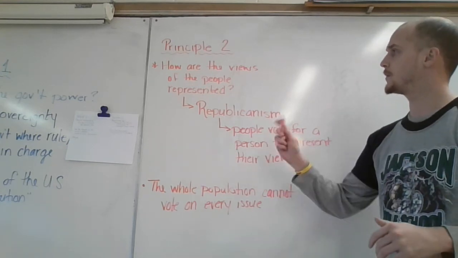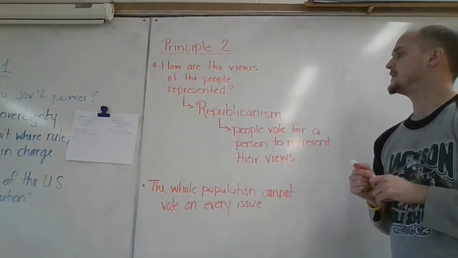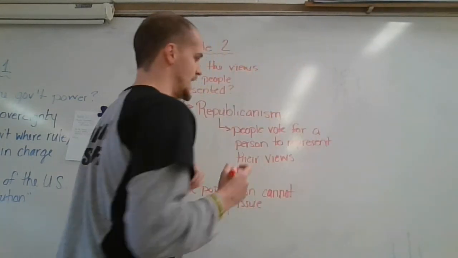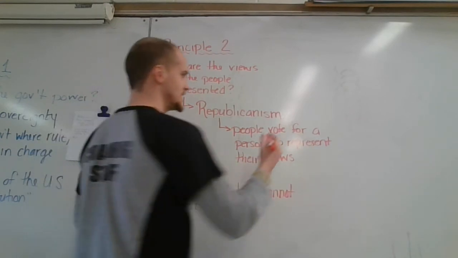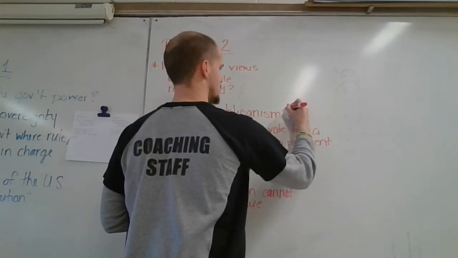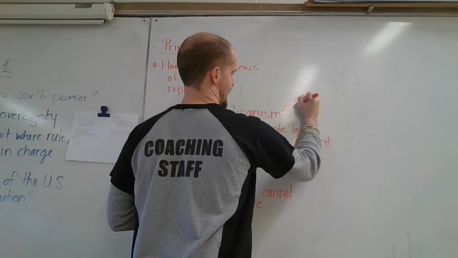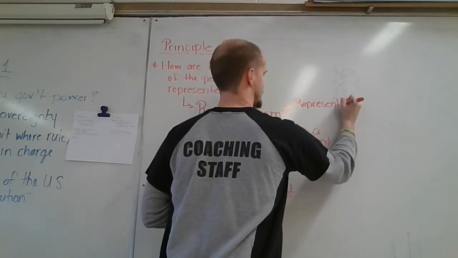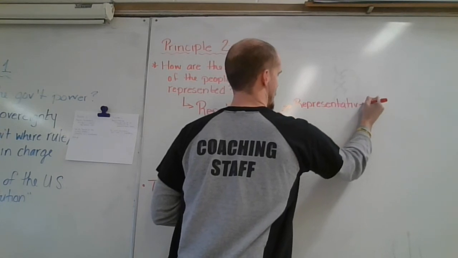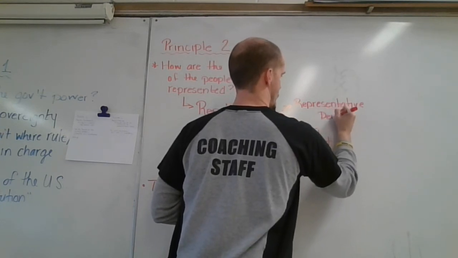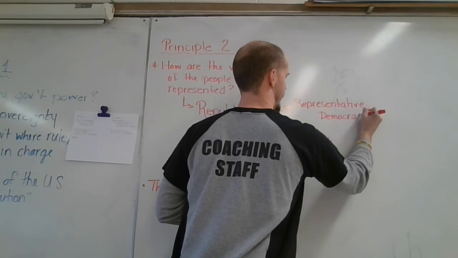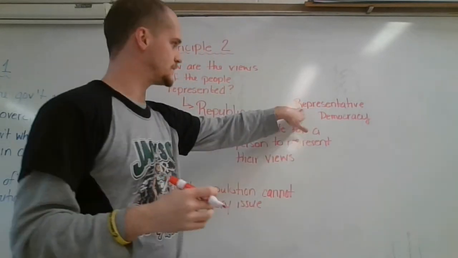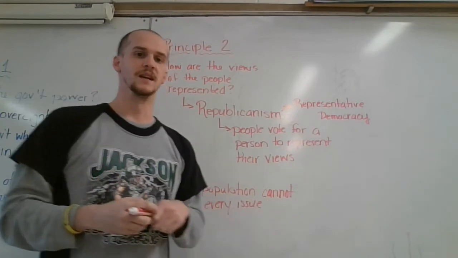And so Republicanism gives us our type of government. It is also referred to as a representative democracy. So you also see it called a representative democracy. So the people, again, you can see it kind of in the terminology.